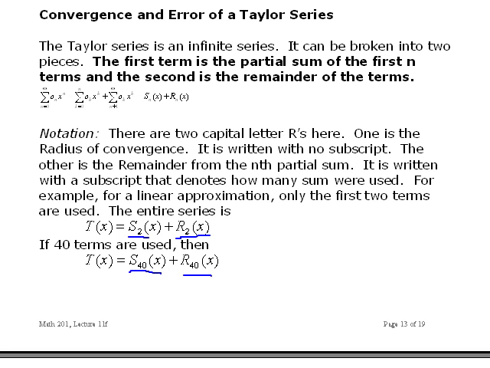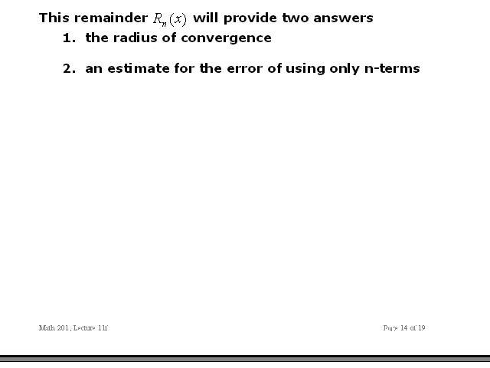And the rest, of course, you neglected since you can't add an infinite number of terms. So these are the remainders, shown here with the blue underlining. As I mentioned before, this remainder, R_n, will provide two answers. It will give the radius of convergence, and it will also give an estimate for the error of using only n terms.